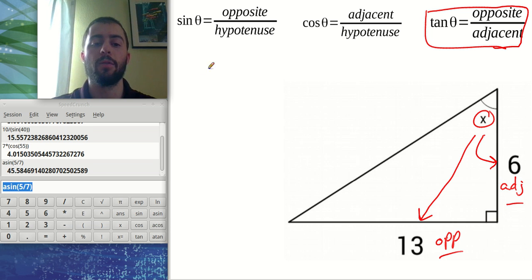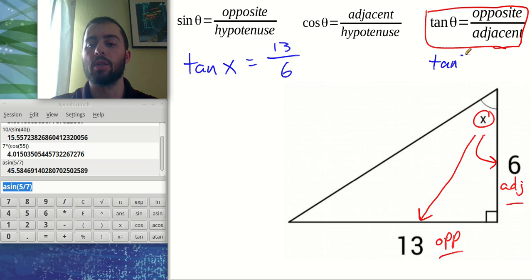We can go ahead and solve here. Tangent of angle x, our unknown angle x here, is opposite 13 over the adjacent side 6. All right, so again, to solve here we use the appropriate inverse function, in this case tangent inverse.